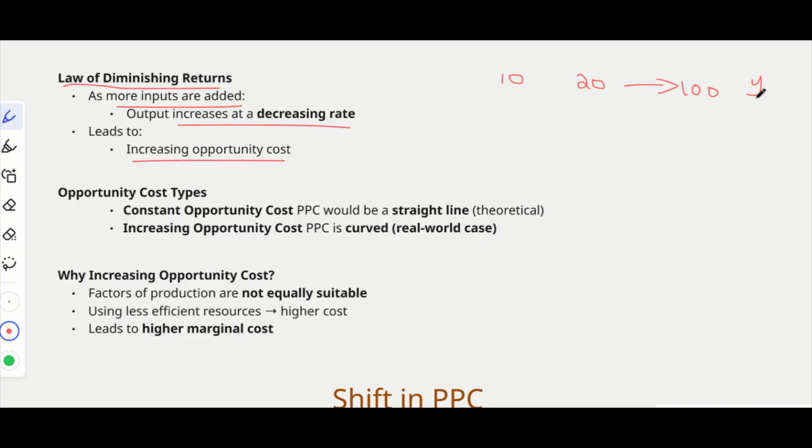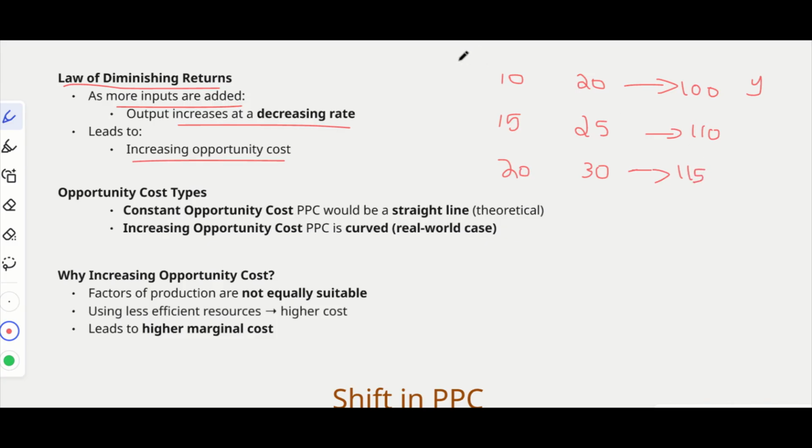And I decided to employ a few more labors so that I could make more production. I employed 15 with capital of around 25, and I could make around 110 units. When it is 20 labors and 30 units of capital, I could make around 115 units.